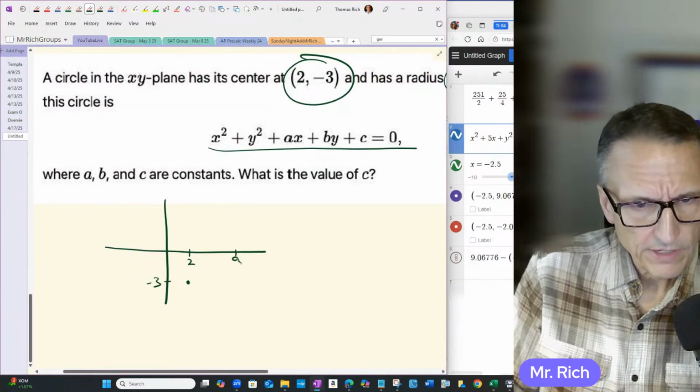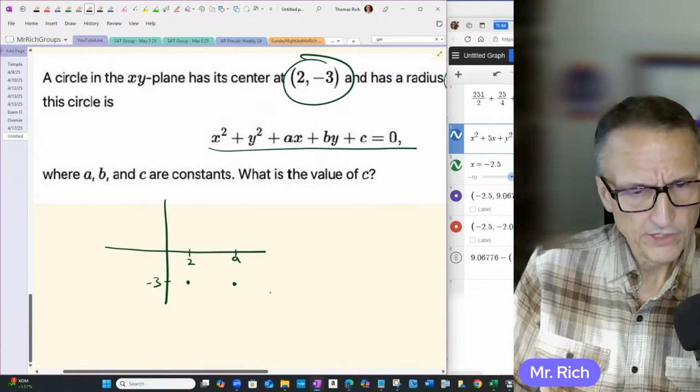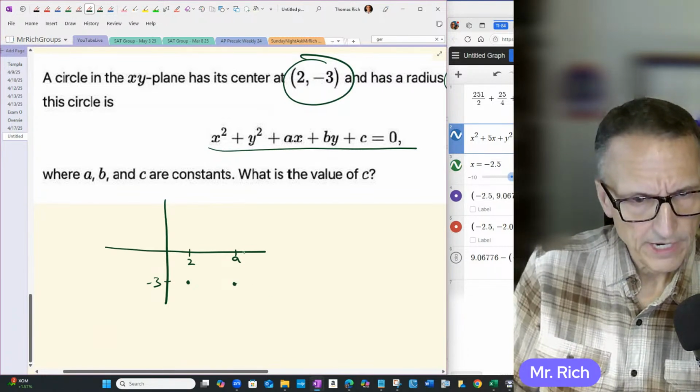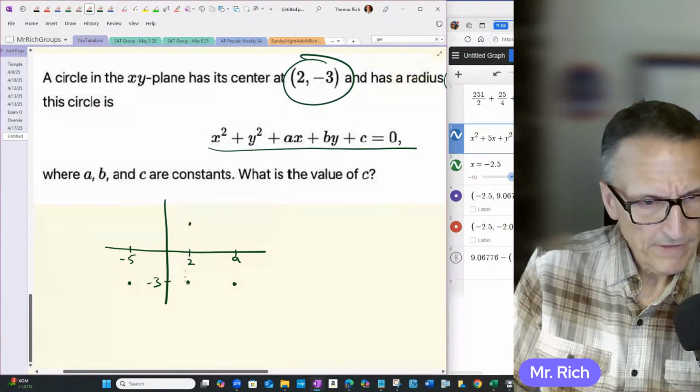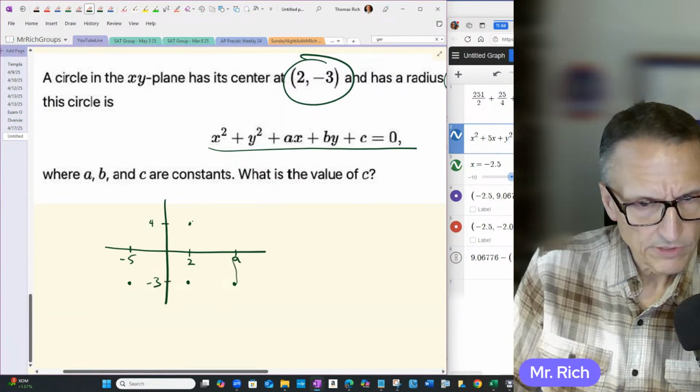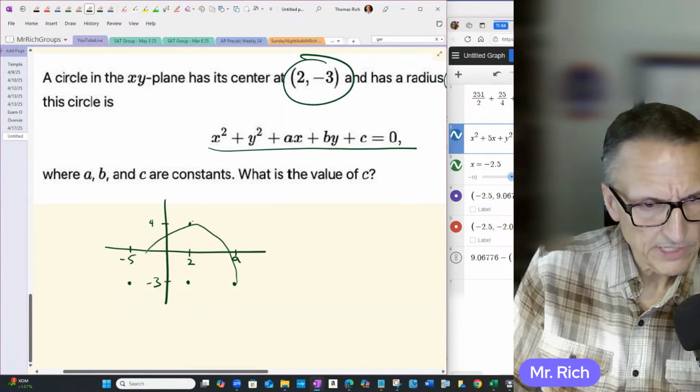So if I come over here, that's going to be one edge of the circle, and that's going to be (9, -3). I can come 7 units to the left at -5, so that would put me at (-5, -3). And I can go 7 units above. That would put me up here at a y value of 4. And so that point is (2, 4). So the circle is basically this way.